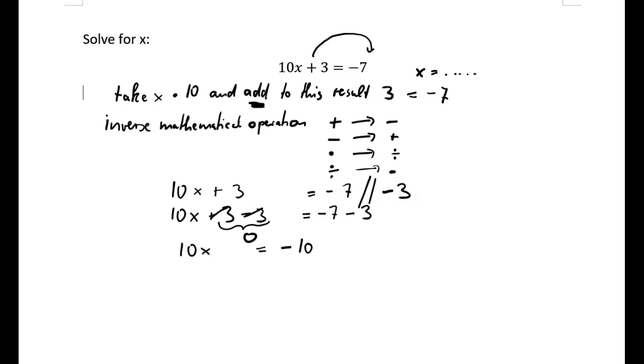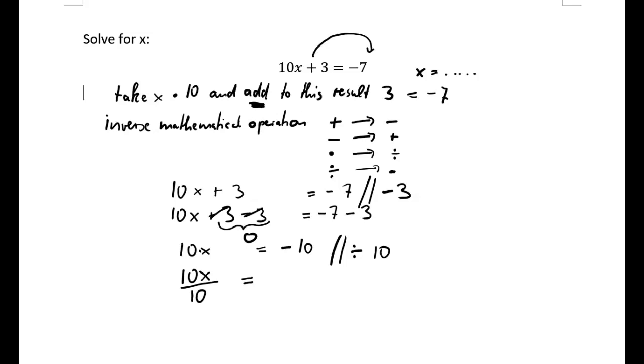-10. And now we need to get rid of this factor in front of 10x. And this is a multiplication, so the inverse operation would be divided by this factor, divided by 10. So I write it as a fraction. We've got 10x divided by 10.